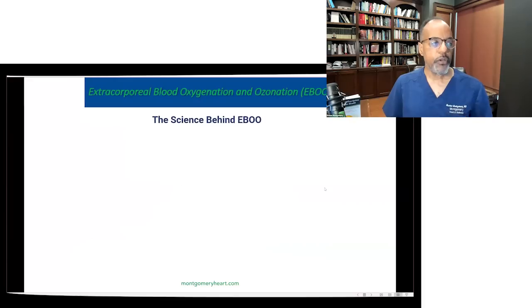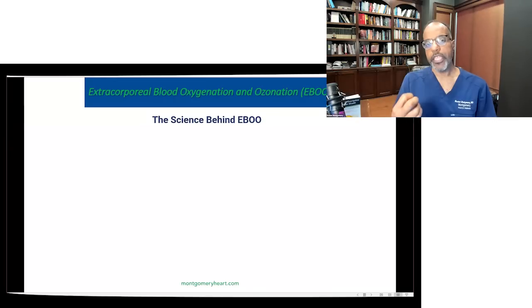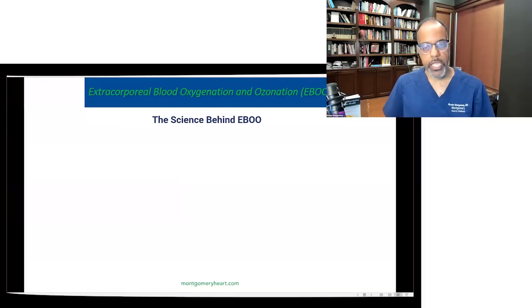So we use a form of ozone therapy called extracorporeal blood oxygenation and ozonation. So essentially, the basic principle of intravenous ozone therapy is that you remove blood from the patient. You infuse ozone into that sterile blood bath, mix it together, and so the blood becomes ozonated and oxygenated.